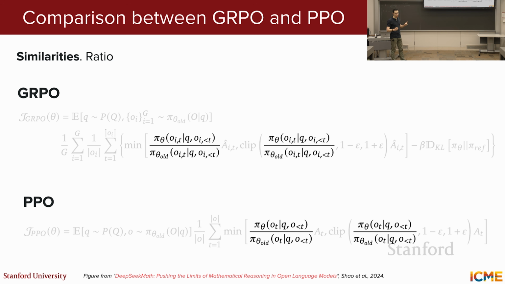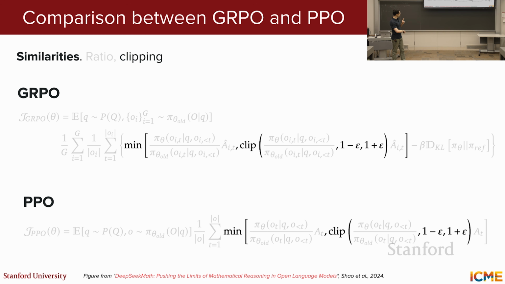So what is one similarity? Both of them operate on the ratio of the probability of the current policy and the probability of the old policy. That's the first point in common. The second point in common is that both of them try to keep the updates within some region, not too wide.